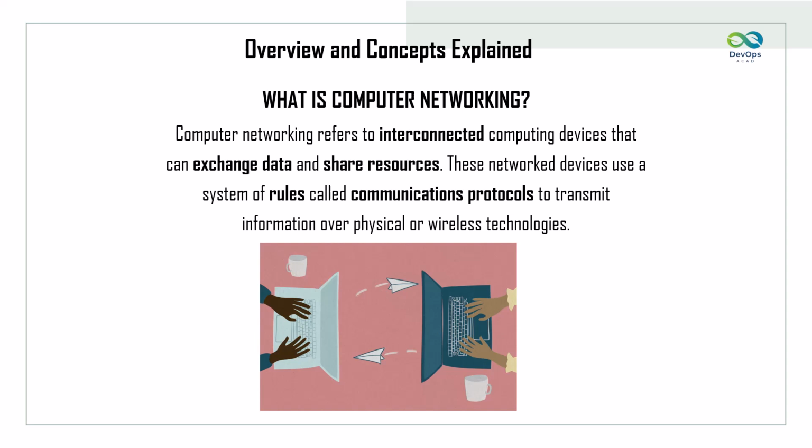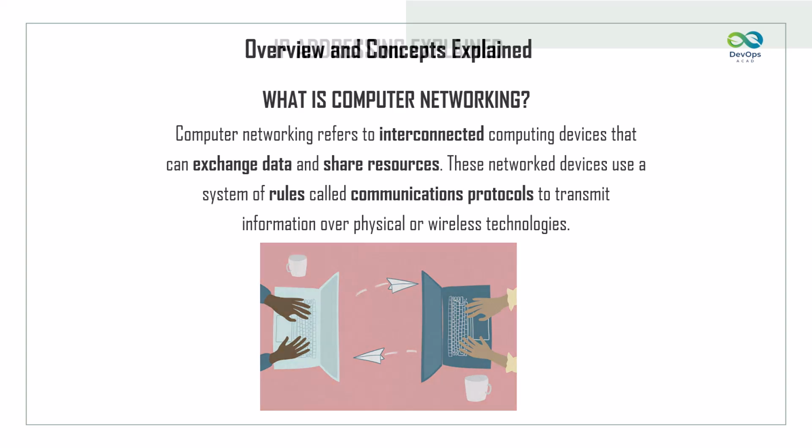For example, even a mobile phone can connect through Bluetooth, which is still a form of wireless medium. So these devices are able to share resources based on certain rules and communication protocols that administer the ability for these devices to share resources and exchange data.